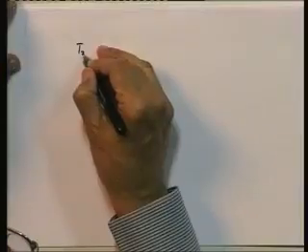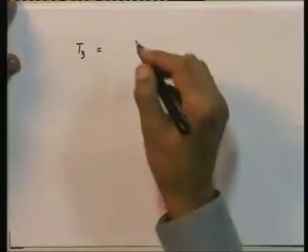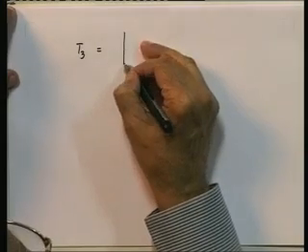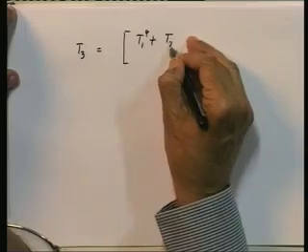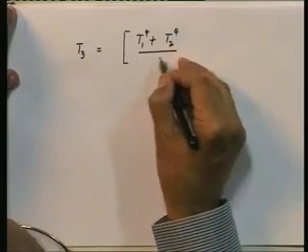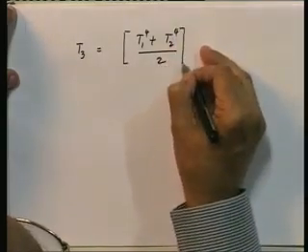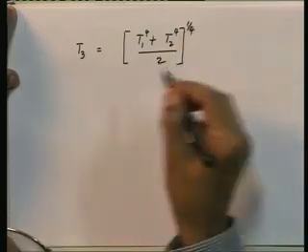And further, if you calculate T3 in this case, again making use of the fact that A1 is equal to A2, T3 becomes T1 to the power 4 plus T2 to the power 4 divided by 2, the whole thing to the power of 1/4.